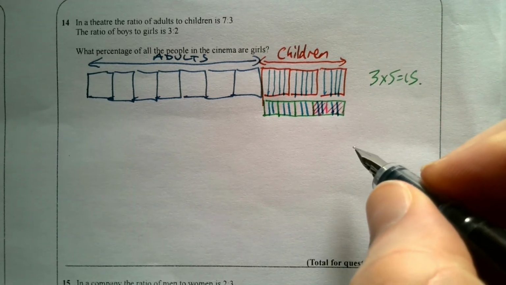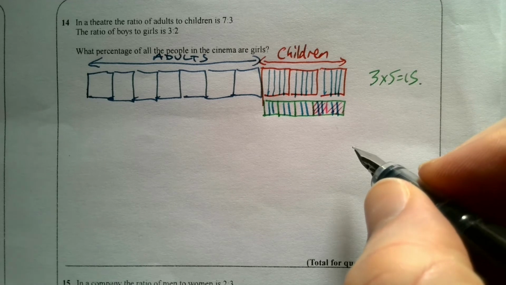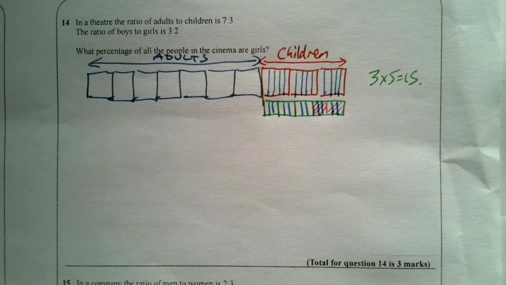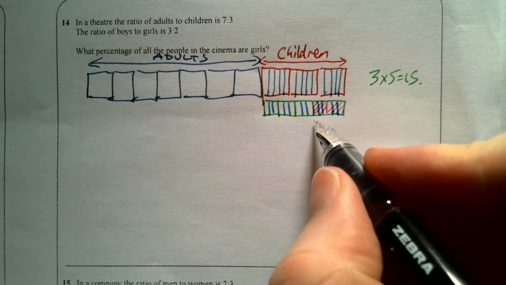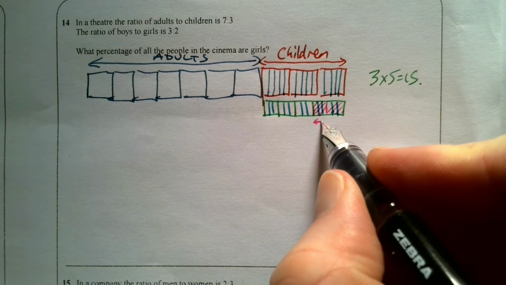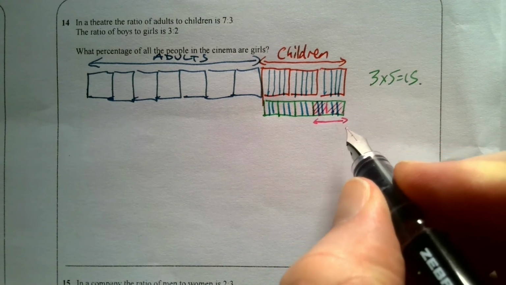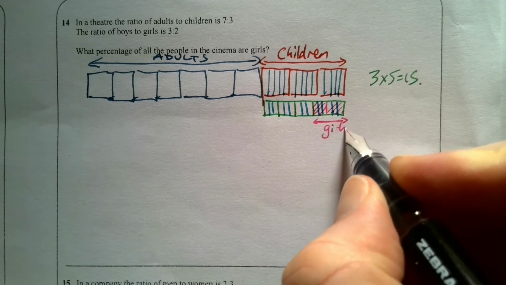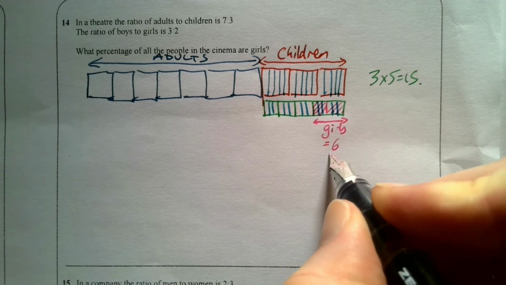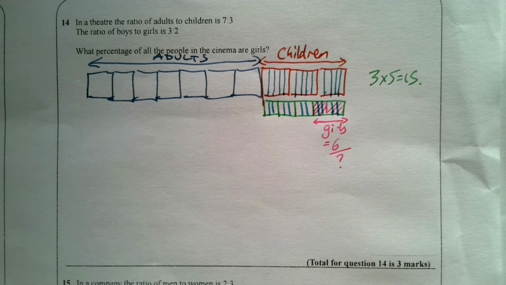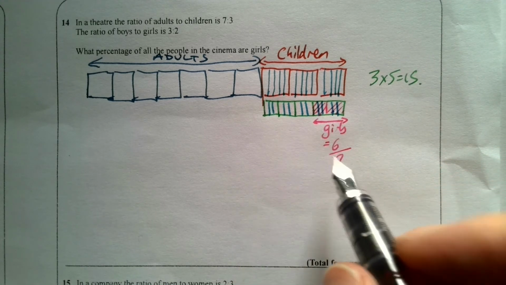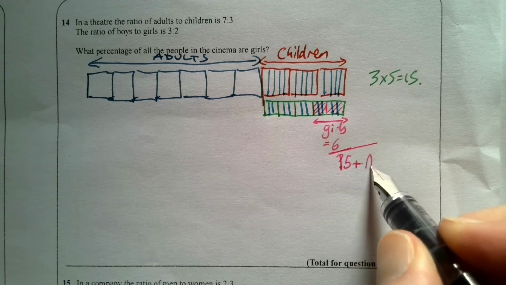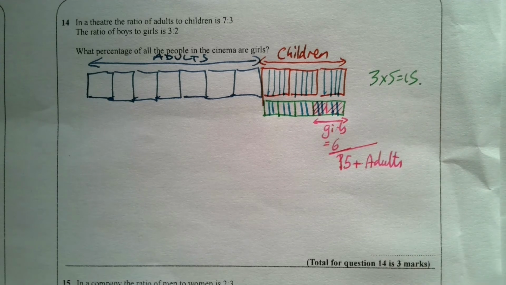And now if I have a little look at what I've got here, I've actually got 1, 2, 3, 4, 5, 6 parts that are girls. But it's 6 out of how many? Well, it's 6 out of 15 plus however many we've got for the adults.